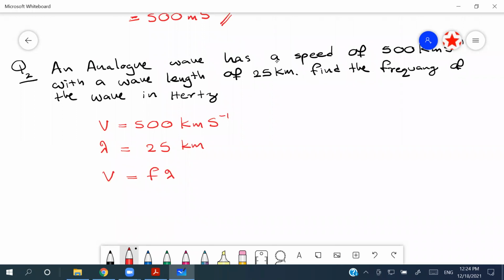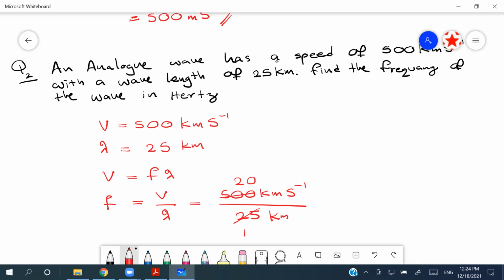We are supposed to find the F. So F is going to be V divided by lambda. So V is 500 kilometers per second. Lambda is 25 kilometers, right? So there are 125, there are 20 over here.